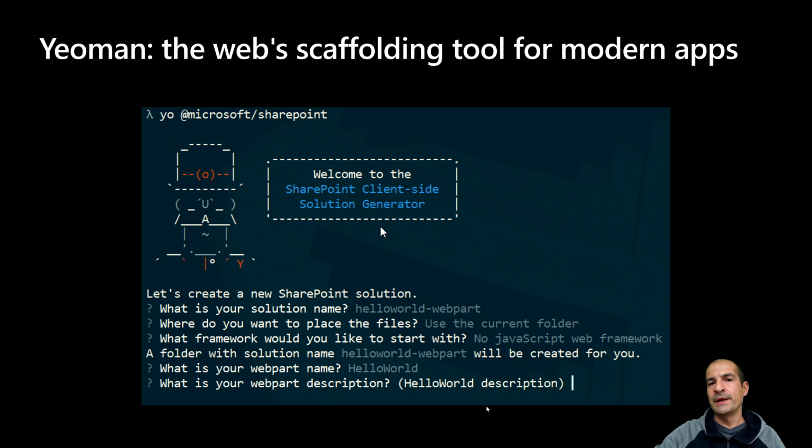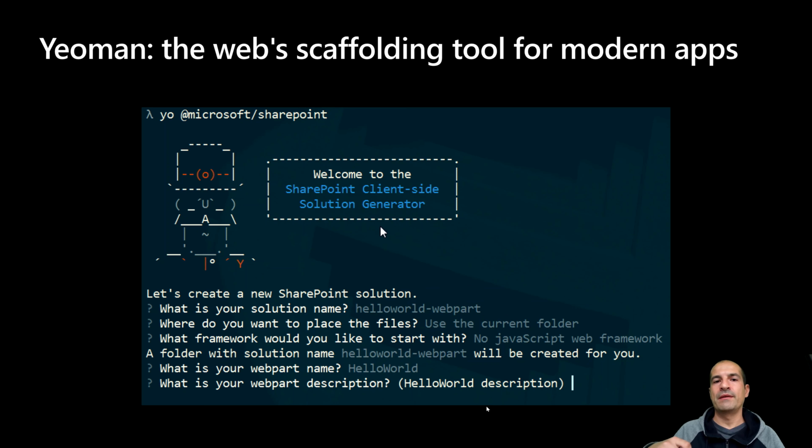One which is very important is if you want to make your solution tenant-wide available or only installable on a specific SharePoint site. This is completely different, so you have to take care and think about what you want.